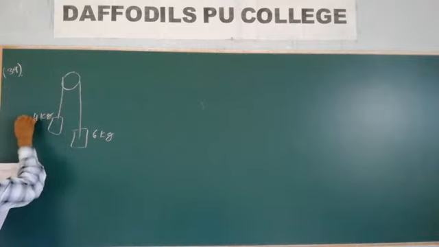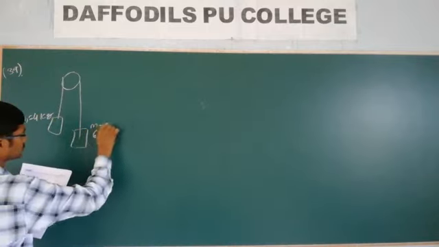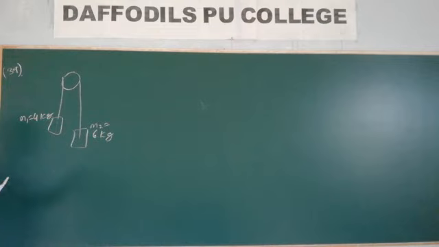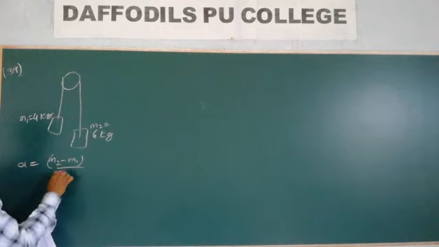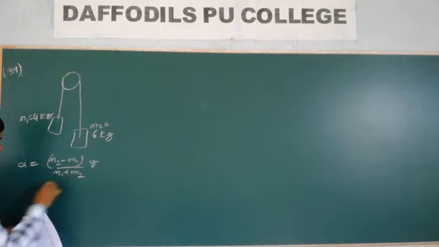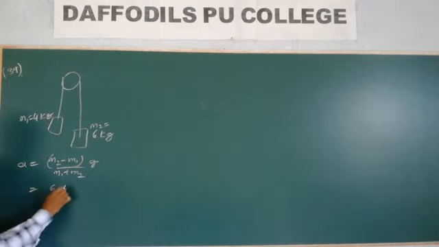Here we have two masses and a pulley. From the pulley we have two masses, 6 kg here and 4 kg here. Let us take m1 and m2. Now the acceleration of the system, you know already.